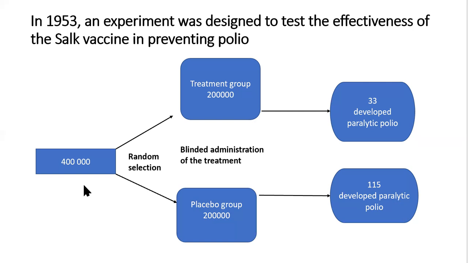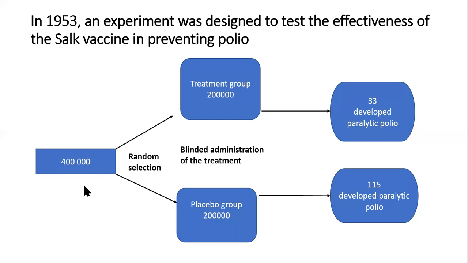So this administration of the vaccine or the treatment was blinded, meaning the people who administered the vaccine and the placebo did not themselves know which group the person belonged to. So this is another very important aspect of a randomized study.